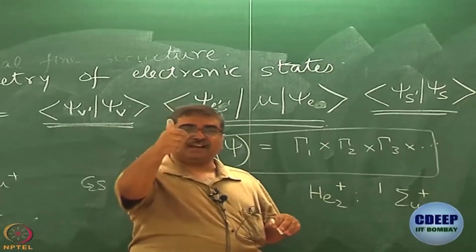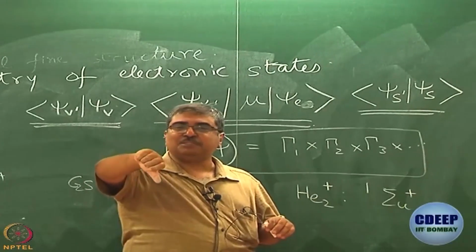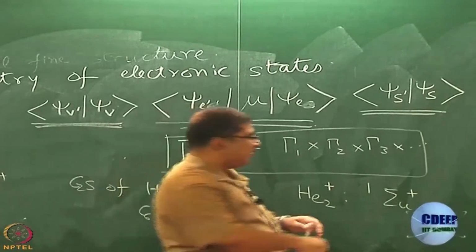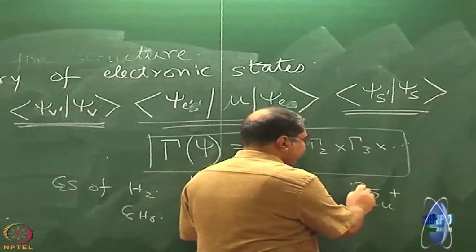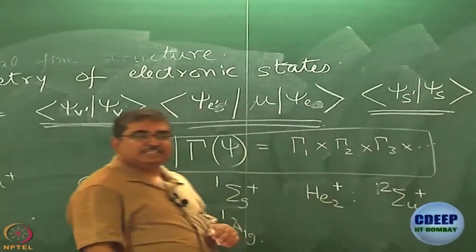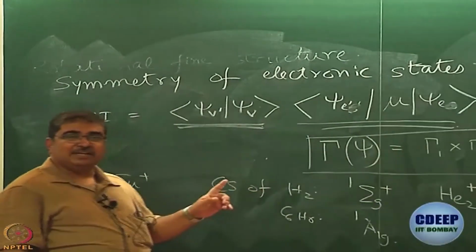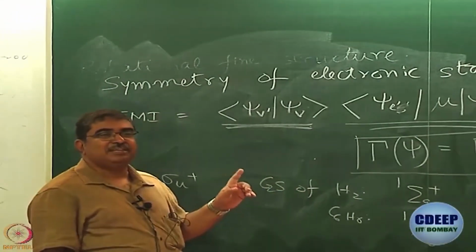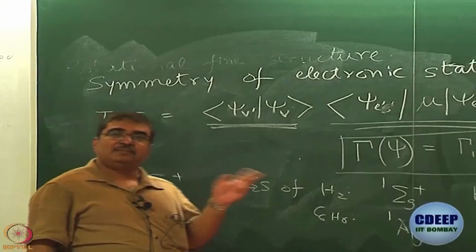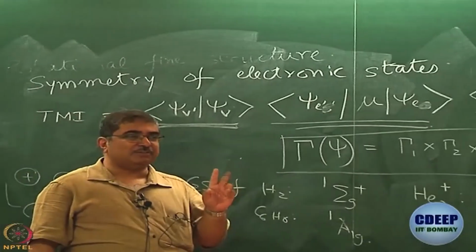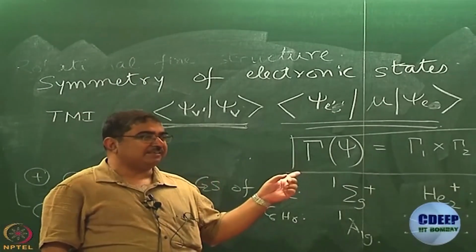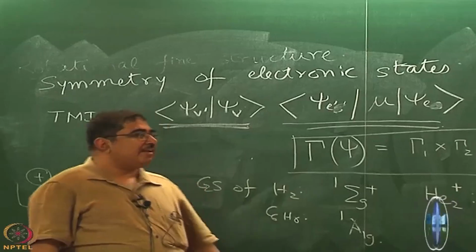You can either have alpha or beta, two possibilities. So it is a doublet; two degenerate spin states are there. So it is a doublet sigma U plus. Do not think it has to be singlet or triplet always. Singlet or triplet arise when you have two electrons; when you have a lone electron it is doublet always.